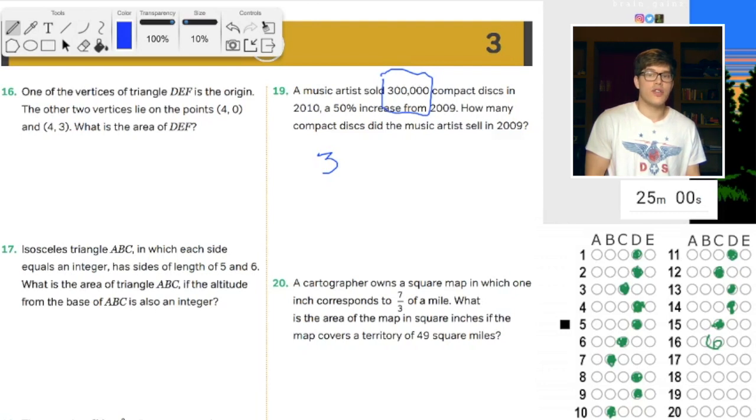Well, then I just thought of 2, a 50% of 2 is 1, and 2 plus 1 equals 3. And so that means last year he sold 200,000, and then this year he increased by 50%, or 100,000, to get the total 300,000 that he sold this year.